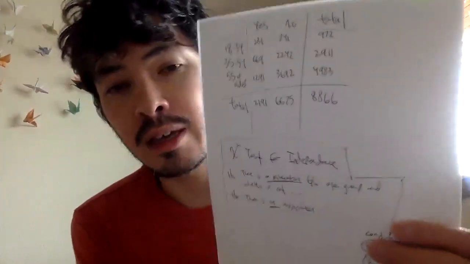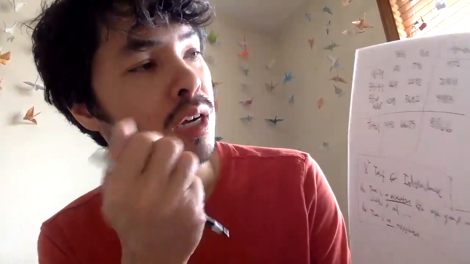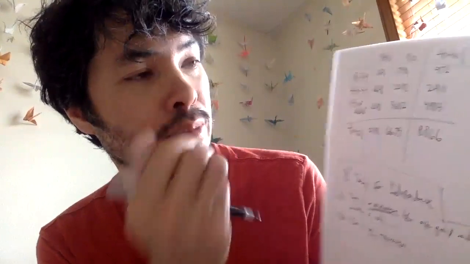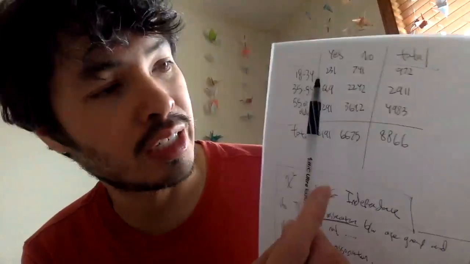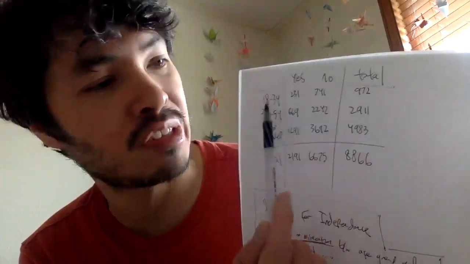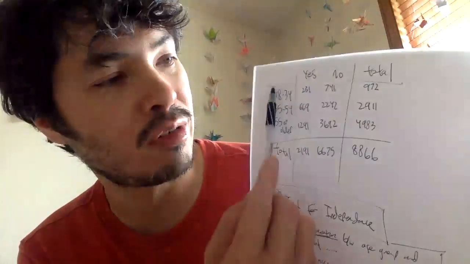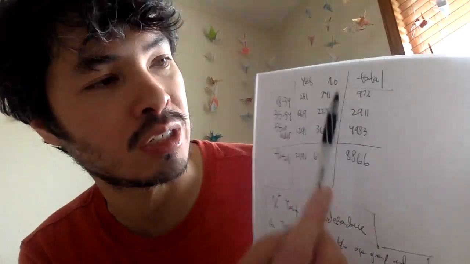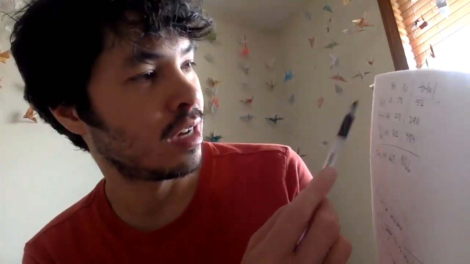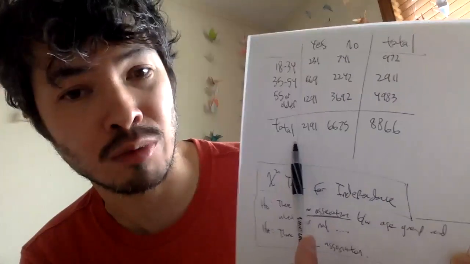Now, in order to get that, remember when we talked about independence, basically the percent that said yes or no should be the same across all of these, right? So what is the percent for the population that said yes, I eat 5 or more servings a day?